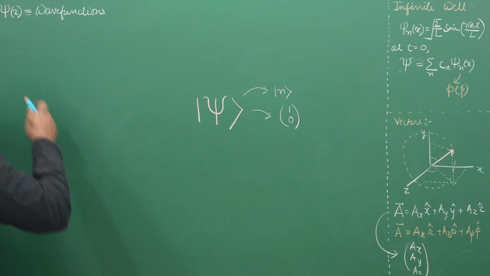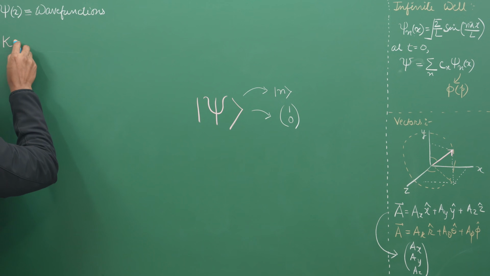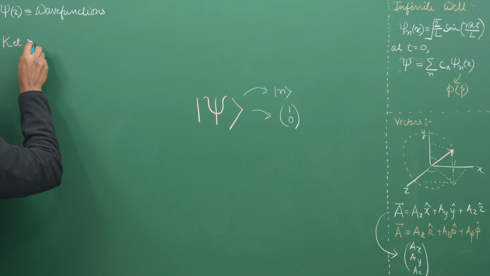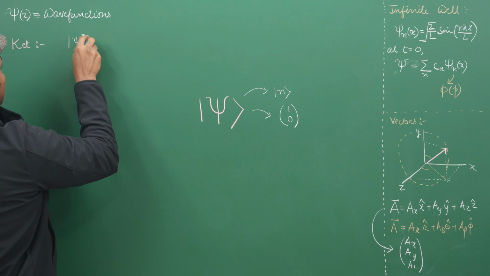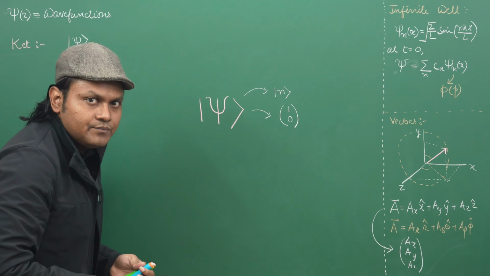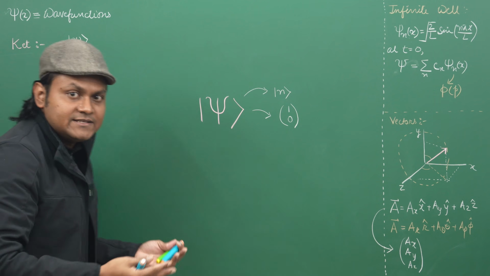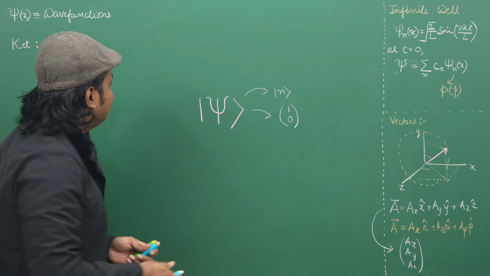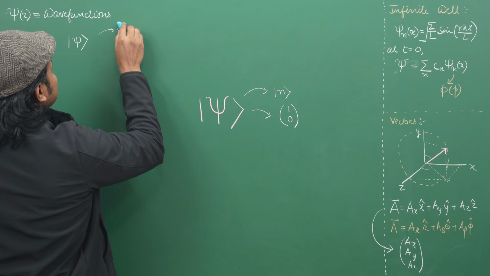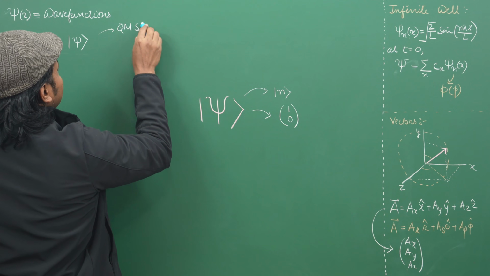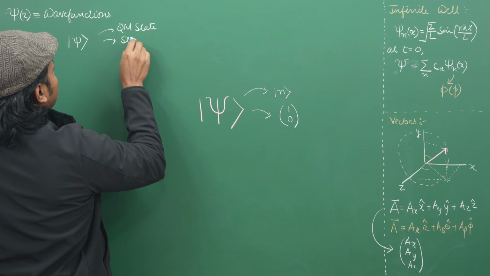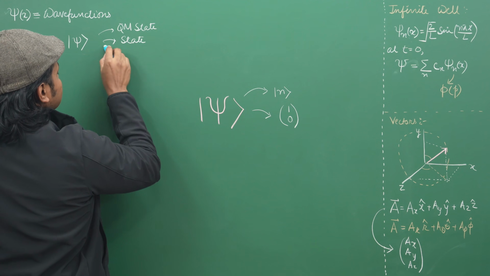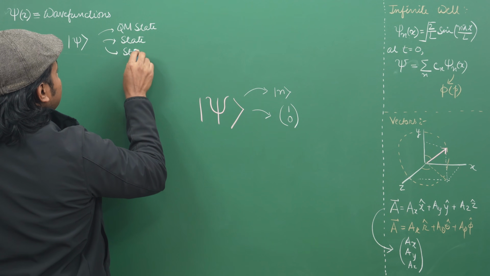So, what is a ket? Well, a ket is simply the quantum state or state vector, whatever you want to call it. It is the quantum mechanical state of the system which contains all the information, or you can call it just state, or you can call it state vector.